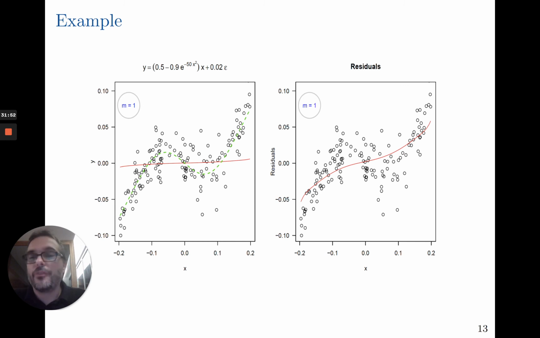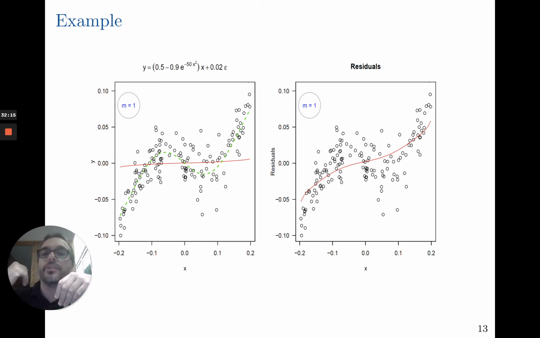First step, we fit a model. What's the weak learner here? Of course, it's not a linear model, it's a polynomial, because this is a nonlinear function. So you see that the first fit is pretty bad. It's the red curve on the left plot.